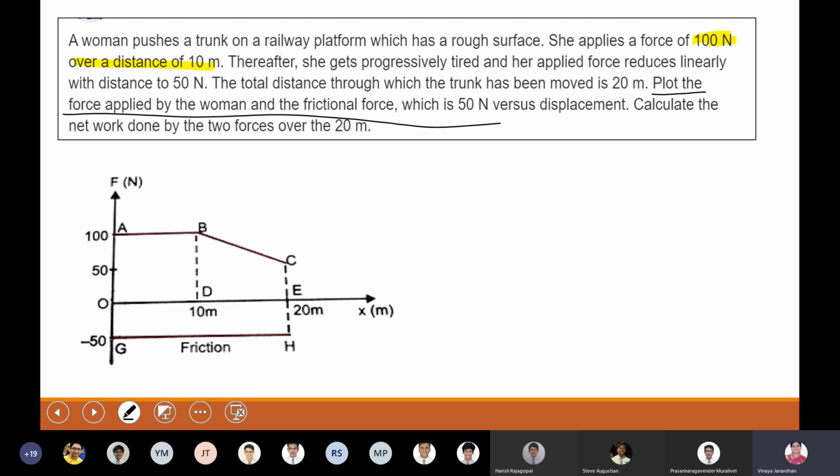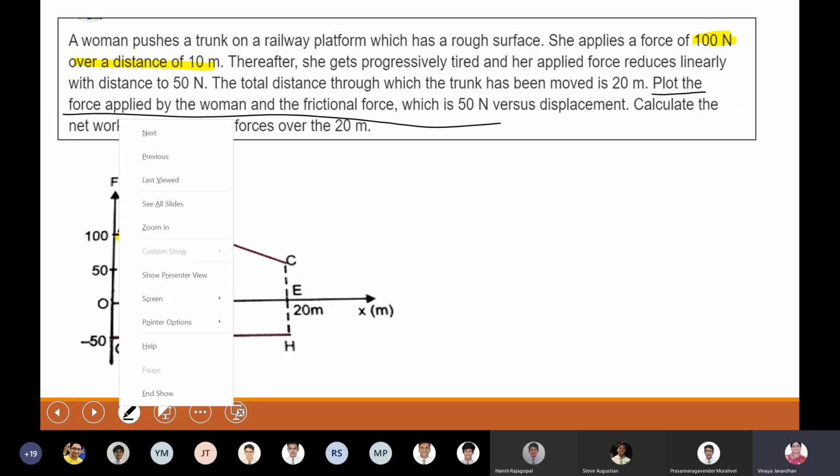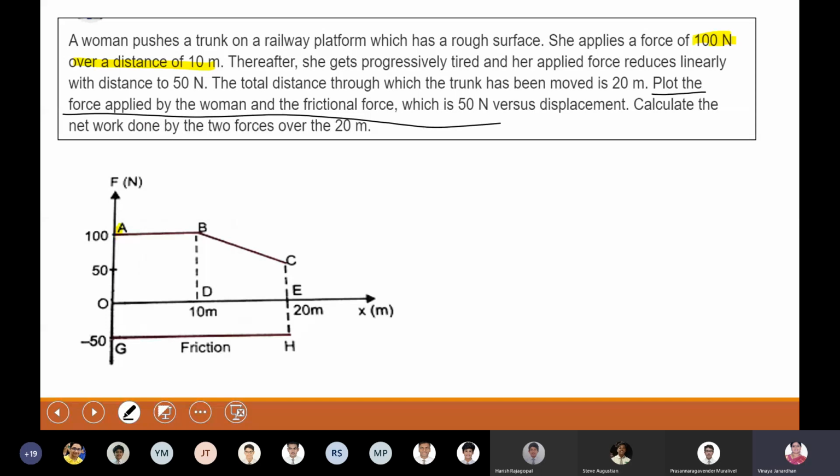So say the object was initially at point A. The person has applied a force of 100 Newton, right? And then the object has moved along the path. This is a force versus displacement graph, boys.